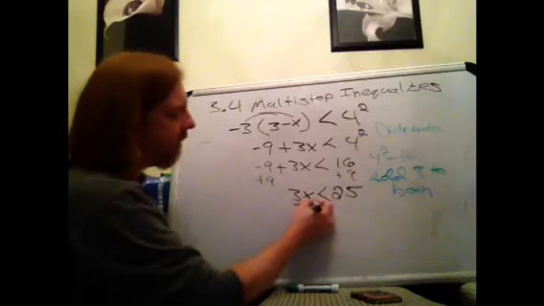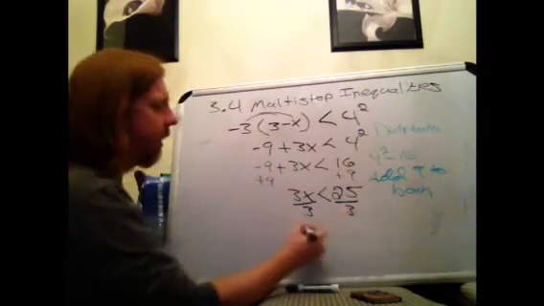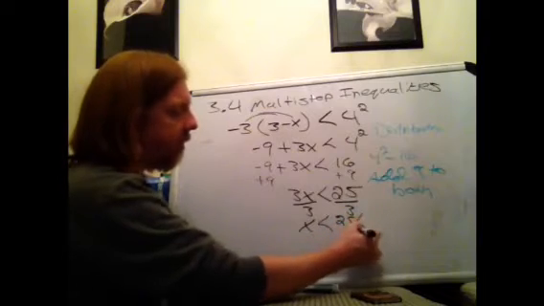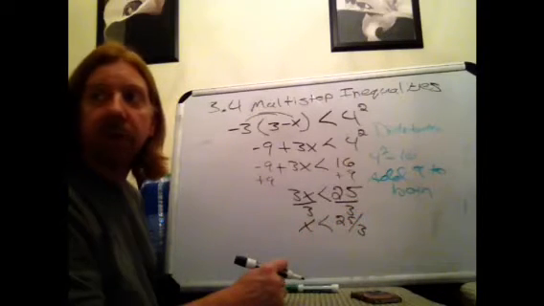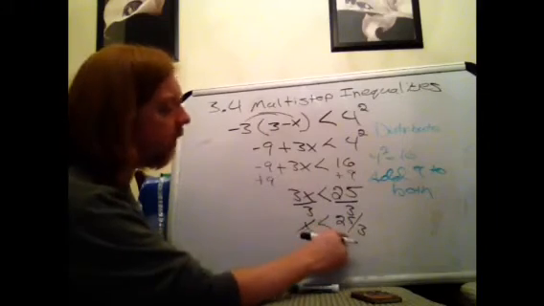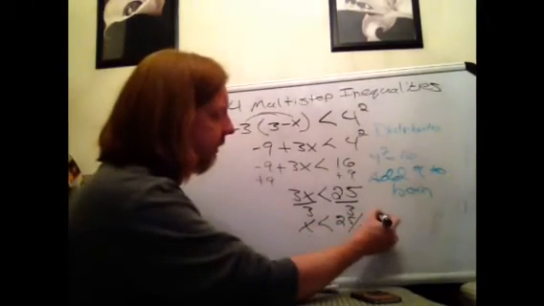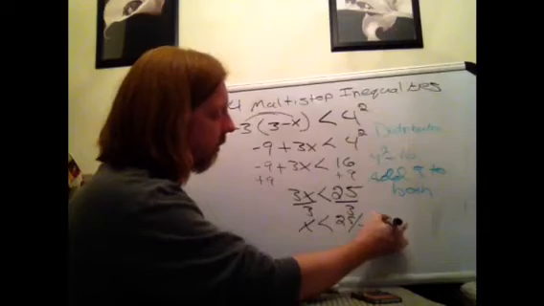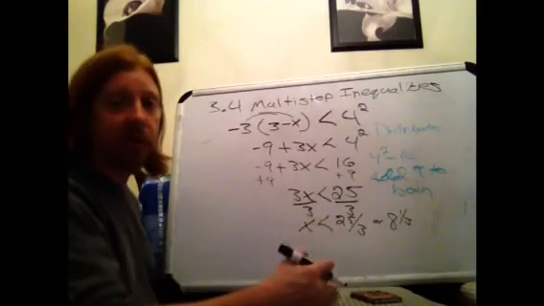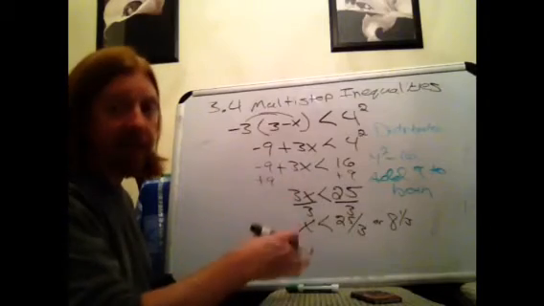Then I divide each side by 3. And I'm left with x is less than 25 thirds. 25 thirds is slightly more than 8, so it's 8 1/3, because 24 thirds would be 8.